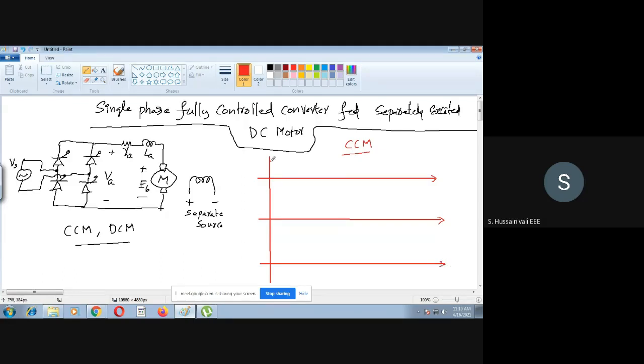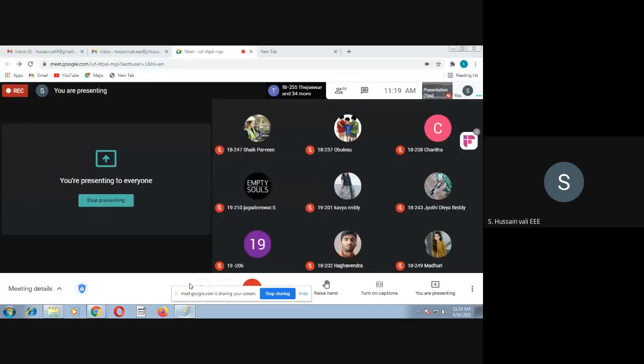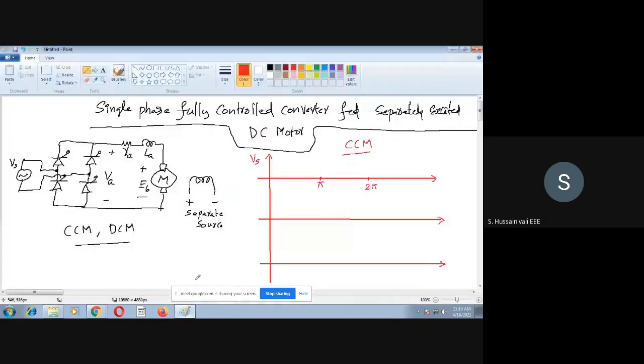So first we will draw the supply voltage waveform.